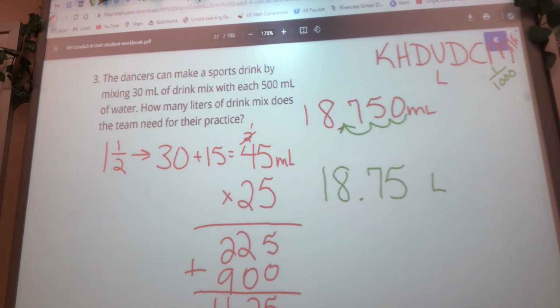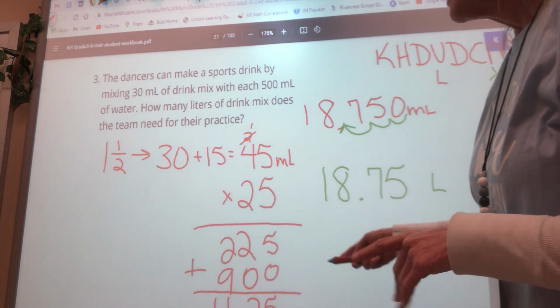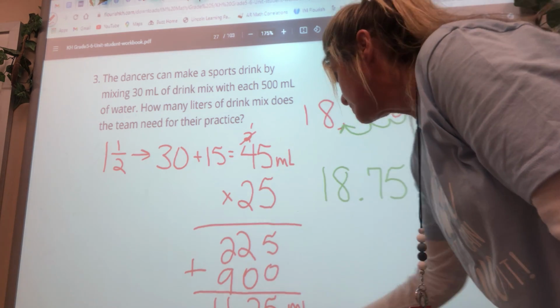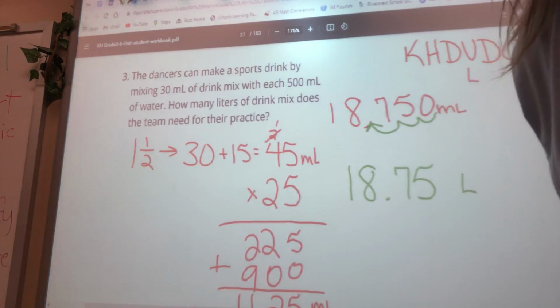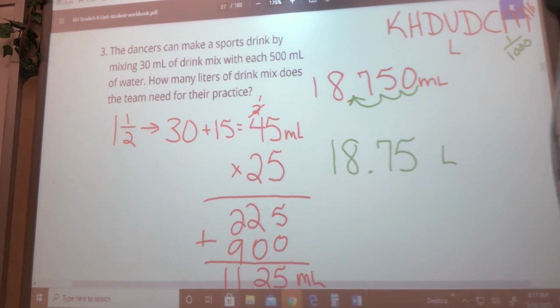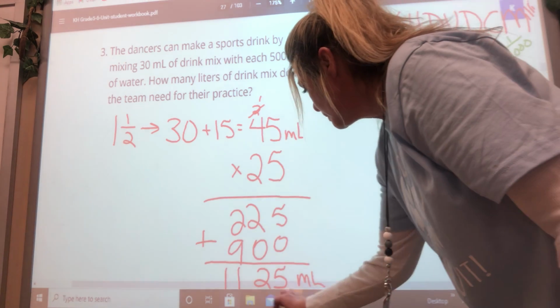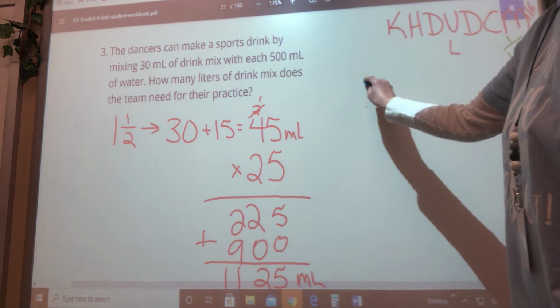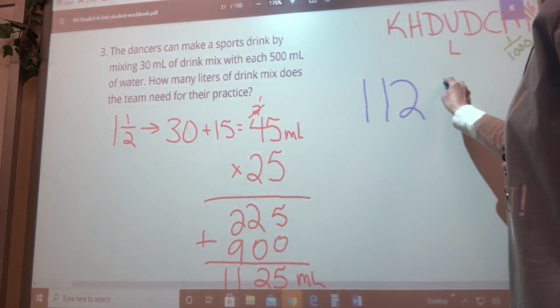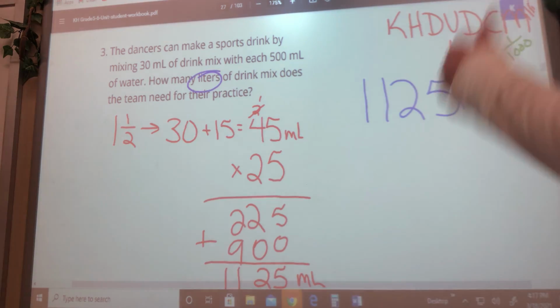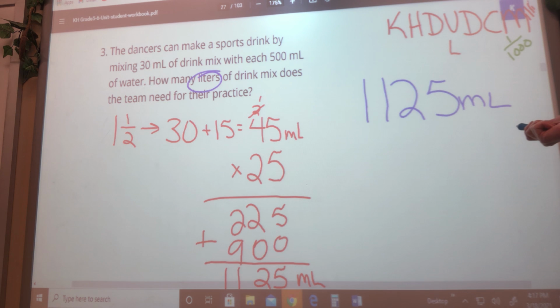Now this is in milliliters. They asked how many liters of drink mix. So let's get that converted. Let me transfer that up here. If we said it's 1,125 milliliters, but they asked the question in liters, we would need to convert this to liters.